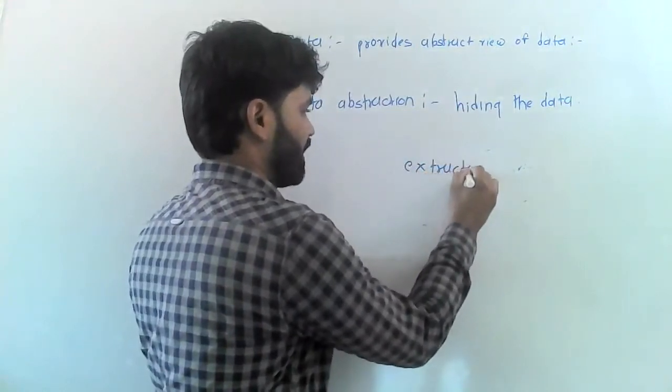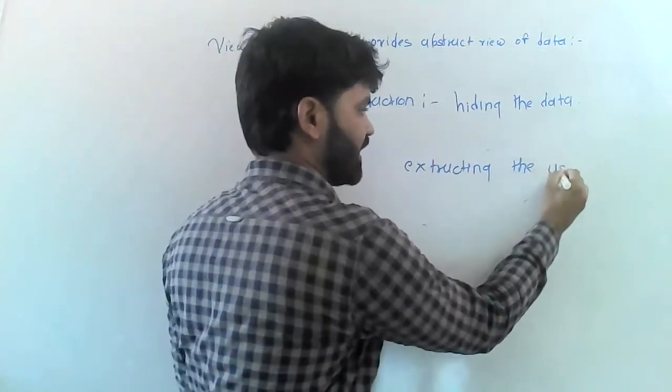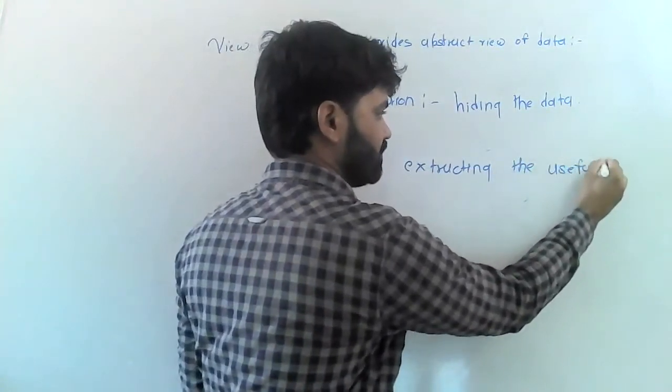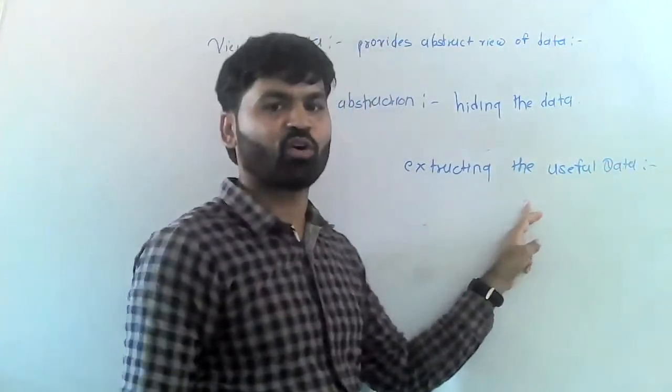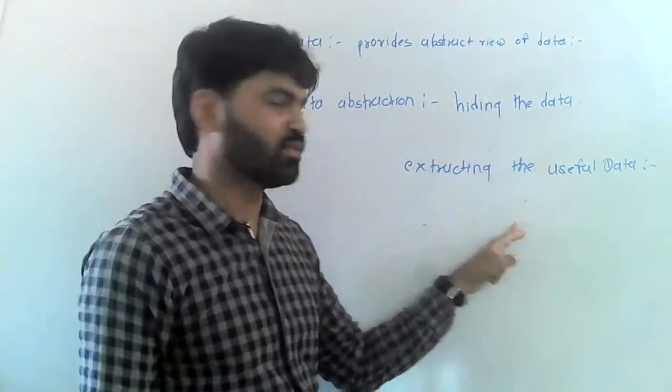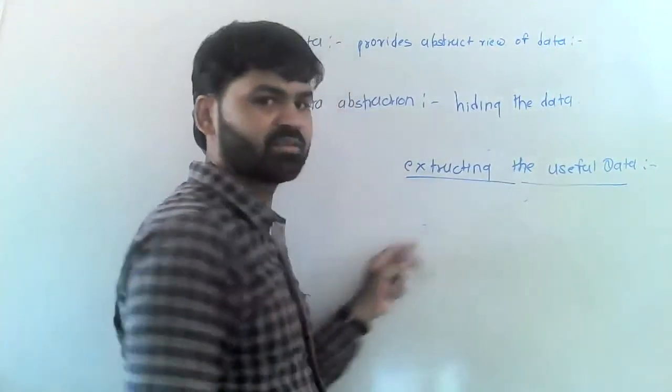Extracting the useful data from the database system is called abstraction.